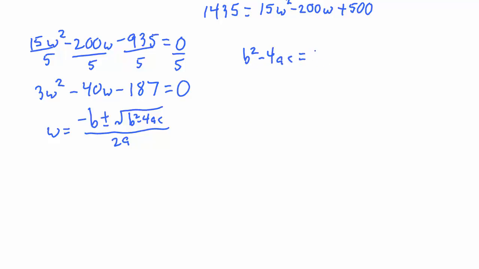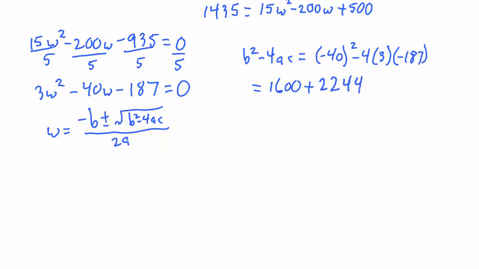B is negative 40, so that's negative 40 squared minus 4 times a, which is 3, times c, which is negative 187. Negative 40 squared is 1600. Negative 4 times 3 times negative 187. Well, there's two negatives, which means I have a positive. And 4 times 3 times 187 is 2,244.